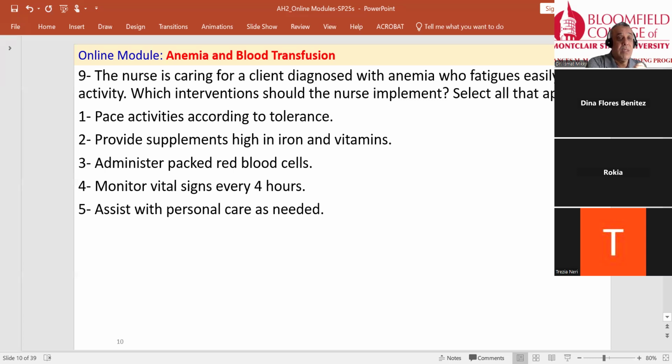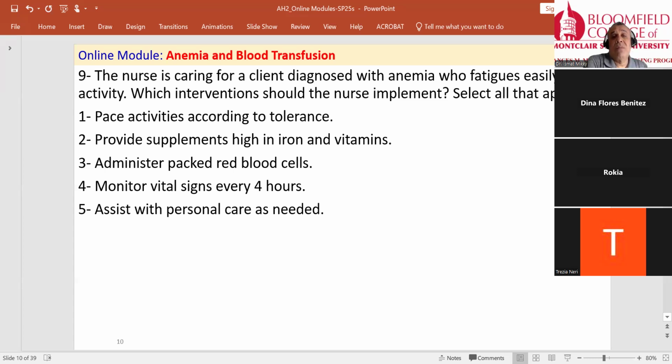So it only says fatigue. So we can't just provide iron and vitamins because of this anemia. We don't know what type of anemia it is. What if this patient has developed pernicious anemia, which is B12 only? It's just anemia, and it says the patient fatigues easily.